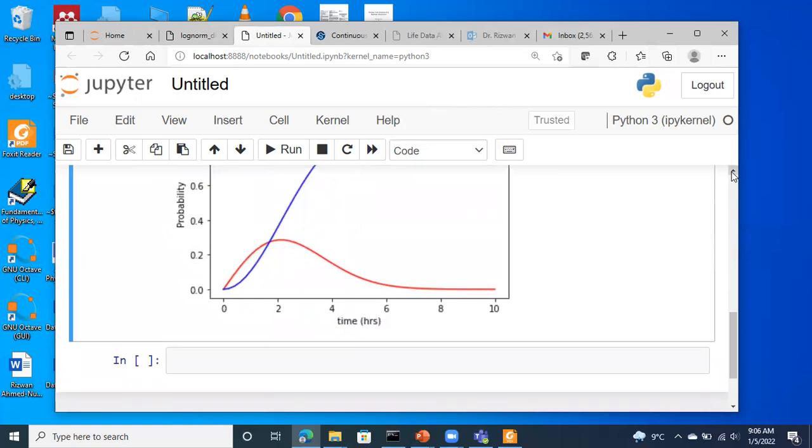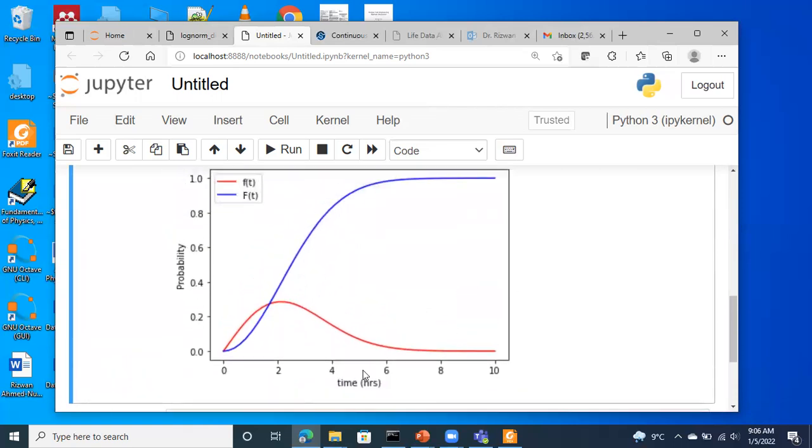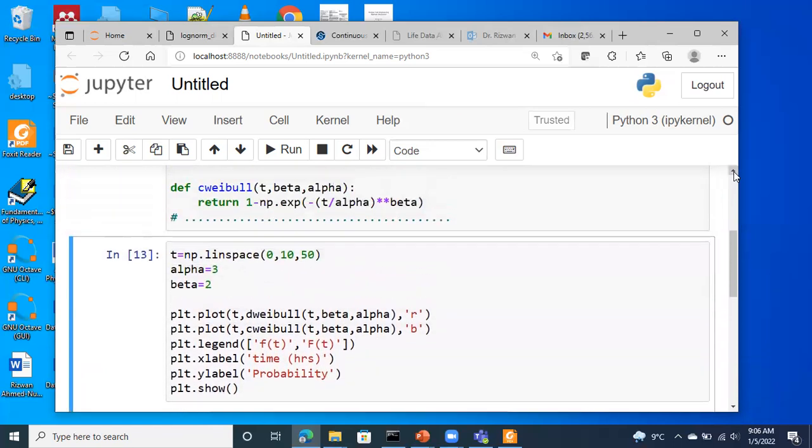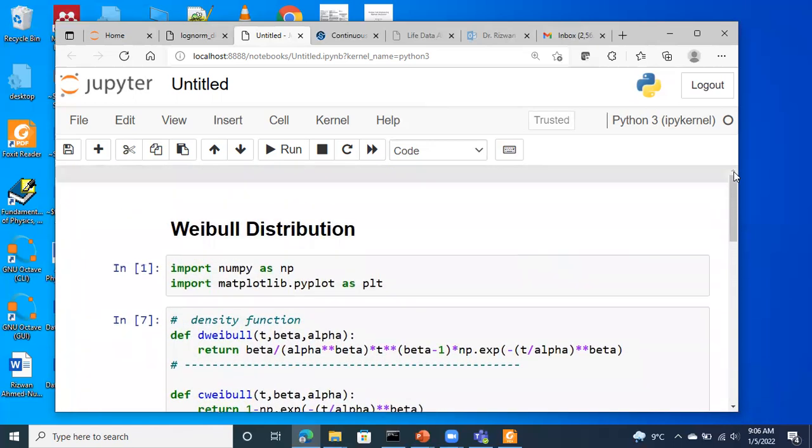So in Python, also in labels, you can provide mathematical symbols like theta, alpha, beta. That is also possible, right? So please explore that.